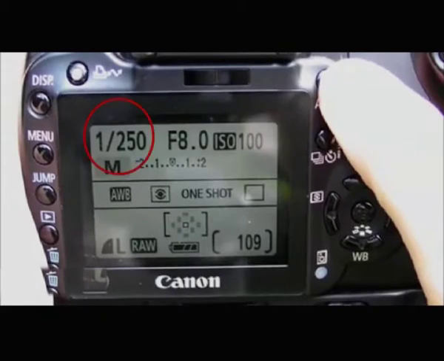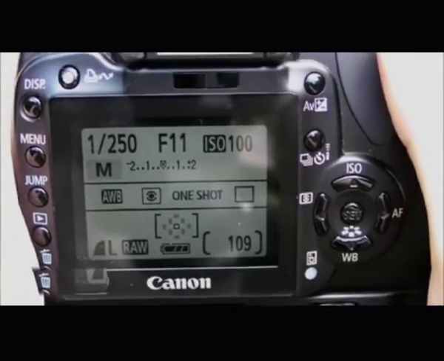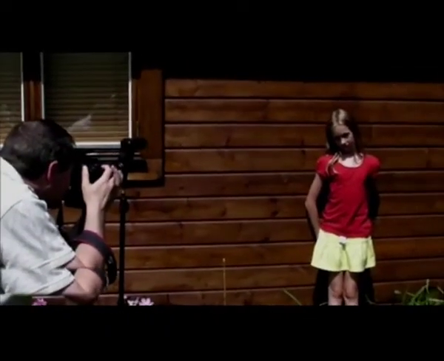Usually it is around 250th of a second or 125th of a second, which means that a flash, because of the kind of shutter the camera has, cannot photograph beyond that shutter speed. So, a photographer has to keep one's shutter speed only to that upper limit, which is the synchronization speed, and not shoot beyond that. So, if your synchronization speed is 250, you cannot shoot at 500th of a second or 1000th of a second.